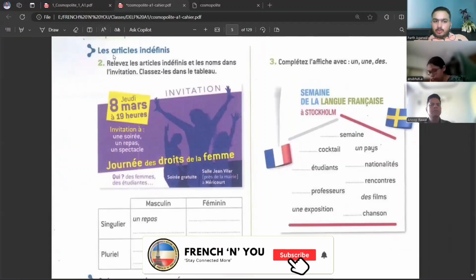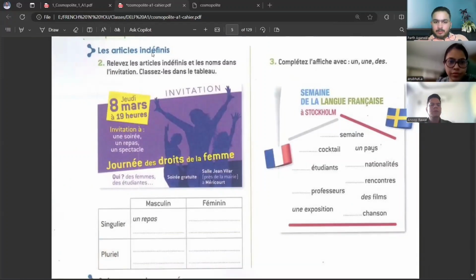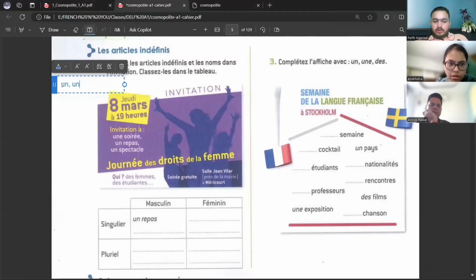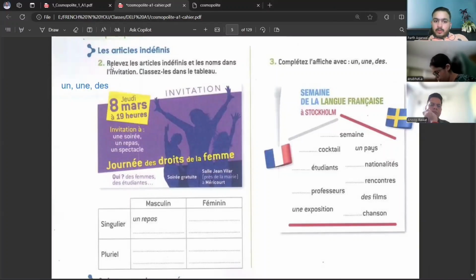So question number 2 is indefinite article, and indefinite article as we studied already. So what you have to do is you have to find out the words from this invitation along with their articles.